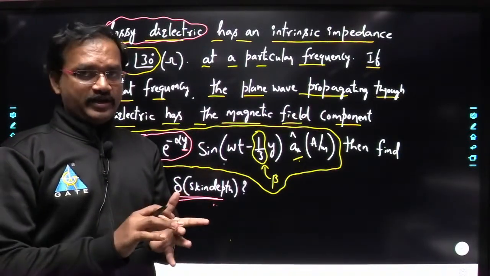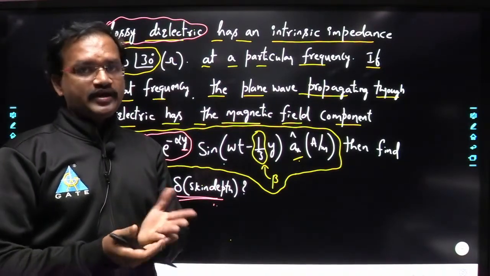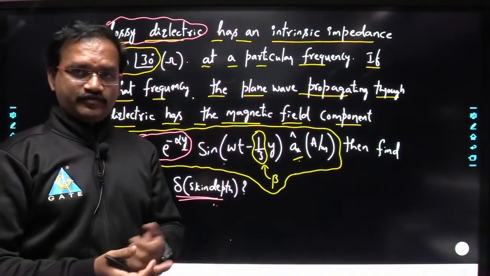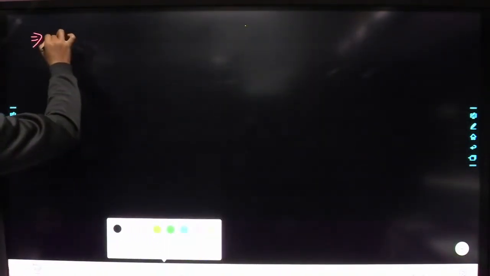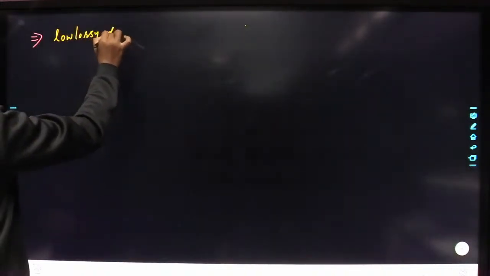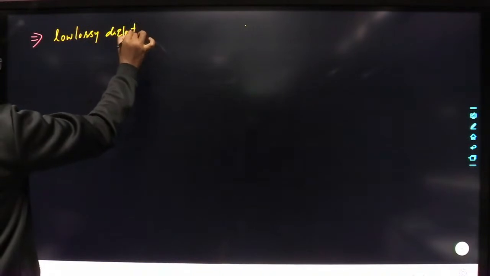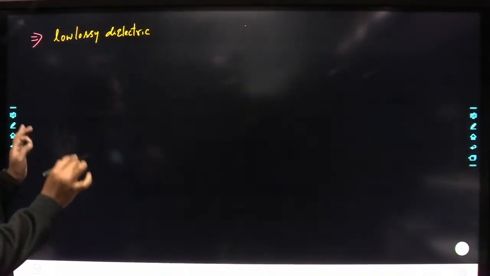For different media the alpha and beta values are going to be different, and the intrinsic impedance is also going to be different. Lossy medium means a medium with some finite conductivity. If they say low lossy dielectric, this is the terminology they are going to use in the problems. First of all you have to get familiar with this terminology.